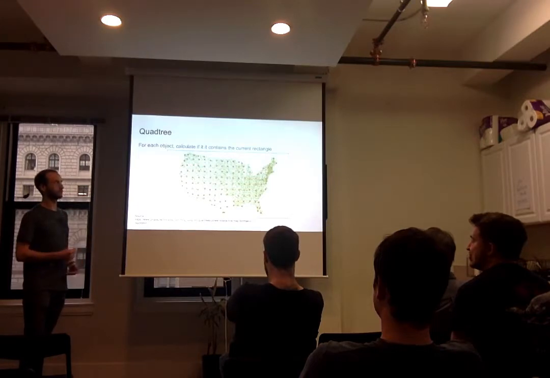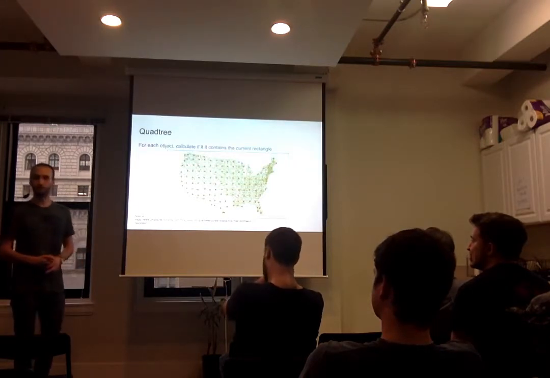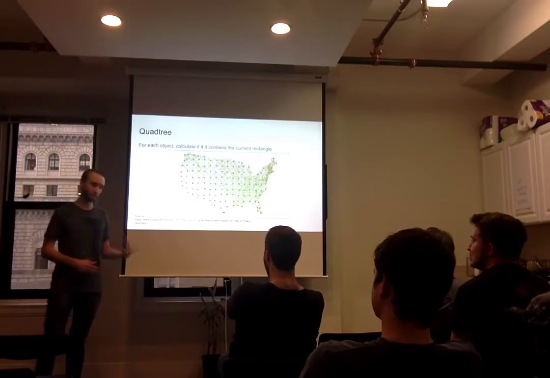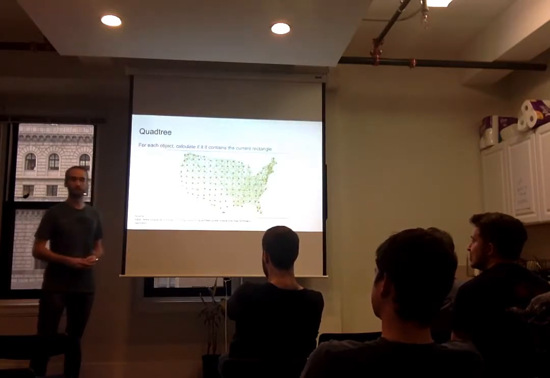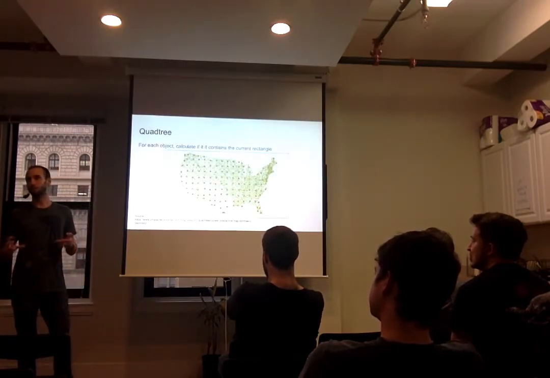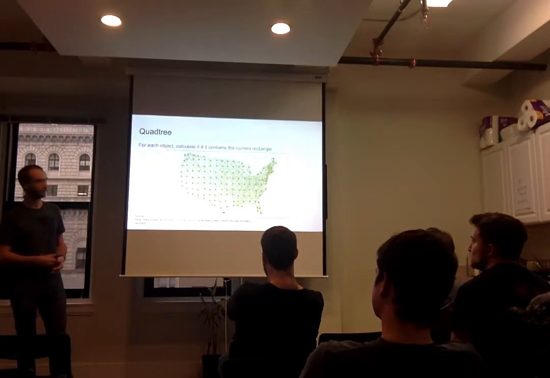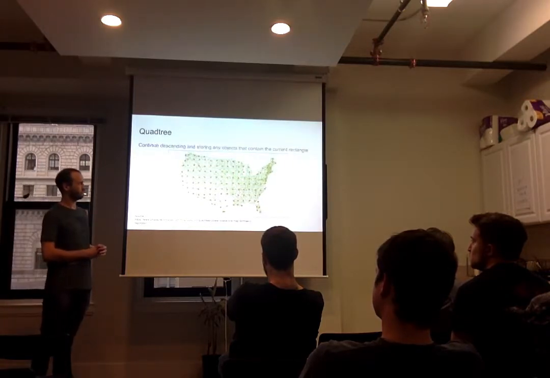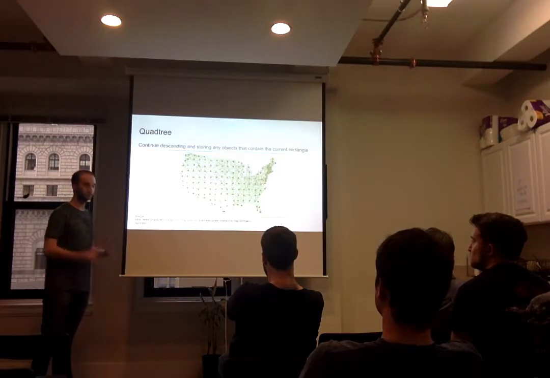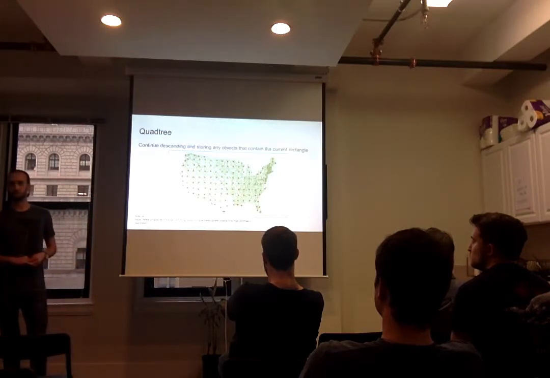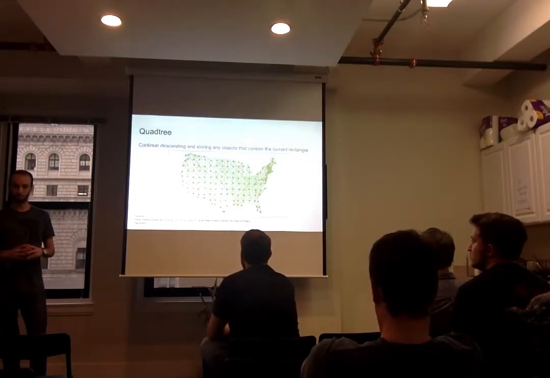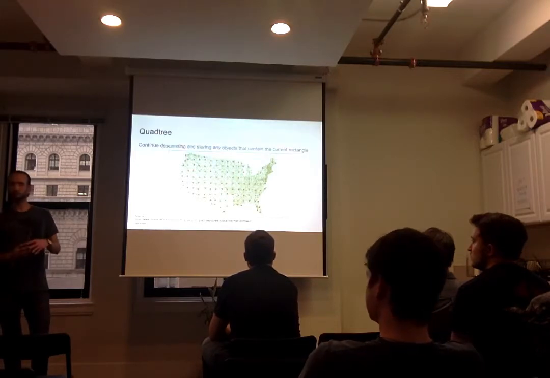As we're constructing this, we look at all the objects in our database compared to the current rectangle, and ask ourselves, does this object contain this rectangle in its entirety? If it does, we store it at that node. We continue descending like that, and that's the structure of our tree, with the nodes containing all objects that contain that rectangle.